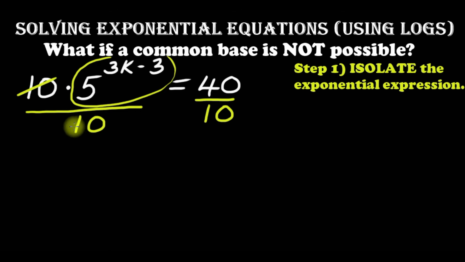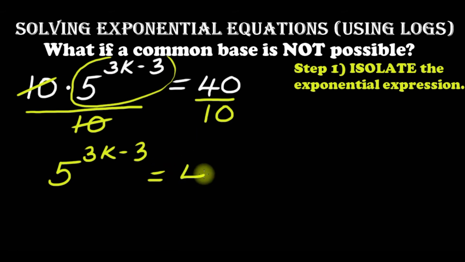Okay, so 10 over 10 cancels out. So I'm left with 5 to the 3k minus 3 is 4. Okay, so now I would have to rewrite the 5 and the 4 using a common base, but it looks like I'm not going to be able to do that with the 5 and the 4.